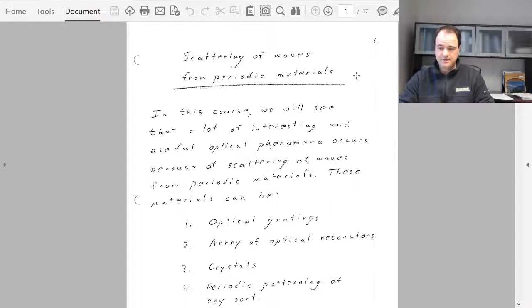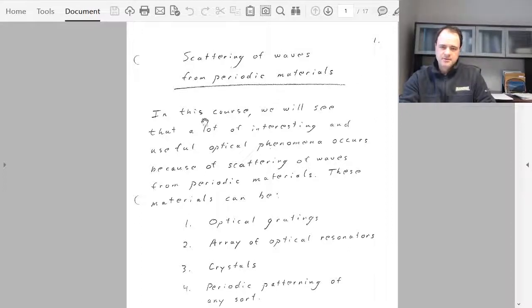All right, and to gain an understanding and start to be comfortable with that, and being able to identify the effects of periodicity when we see it in the structures we'll be looking at throughout the remainder of this course.